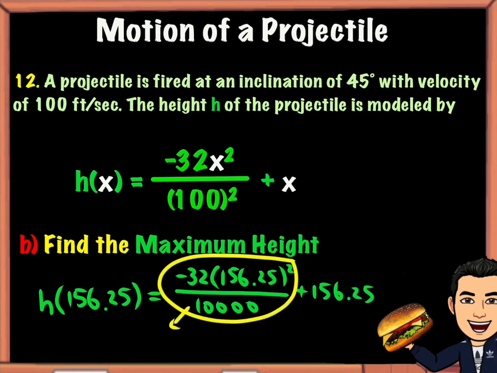This whole fraction is going to give you negative 78.125. If you add to positive 156.25, this is going to equal 78.125. And that's your maximum height.